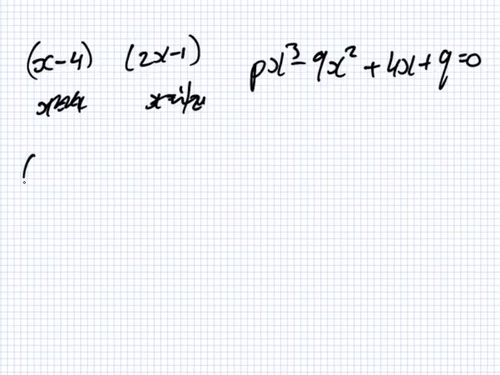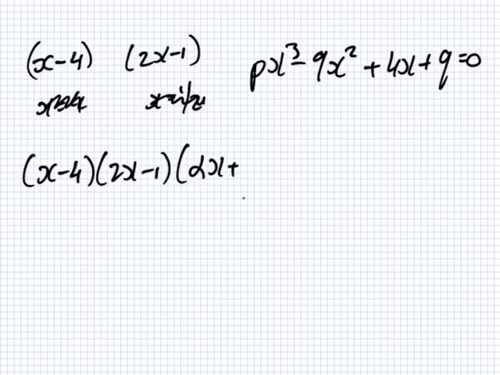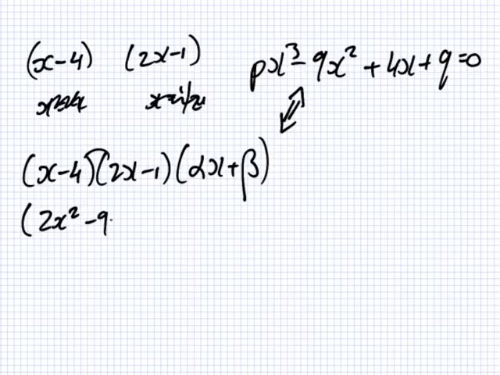So, my idea is, because it's cubic, it should have 3 factors. And when these 3 factors multiply together, it should match up with that. So, let's multiply the quadratic together. 2x squared minus 9x plus 4 times alpha x plus beta.